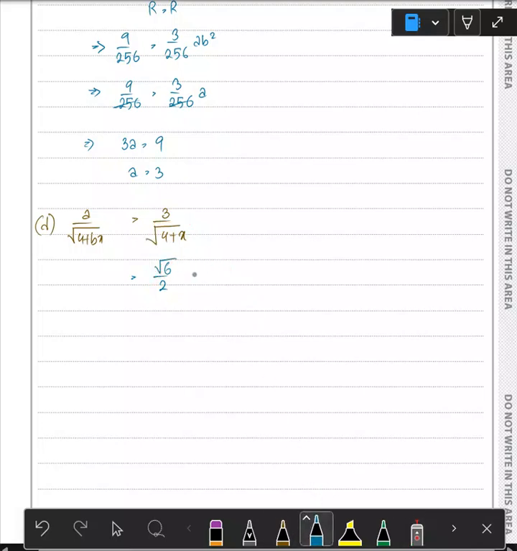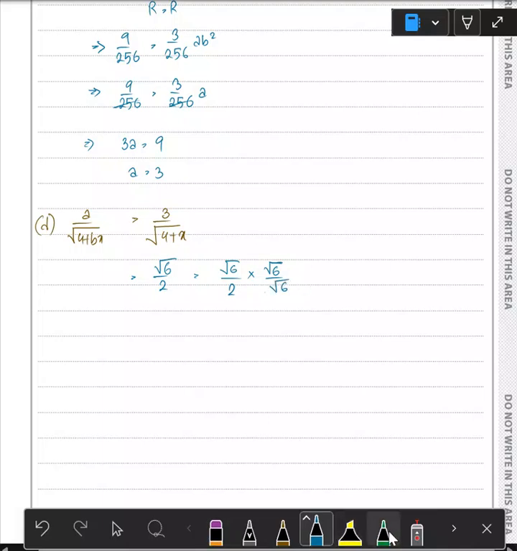So the change we have to make in this blue part is to rationalize it. Rationalizing means we have to multiply the numerator and the denominator by the root, so root 6 and root 6 here.